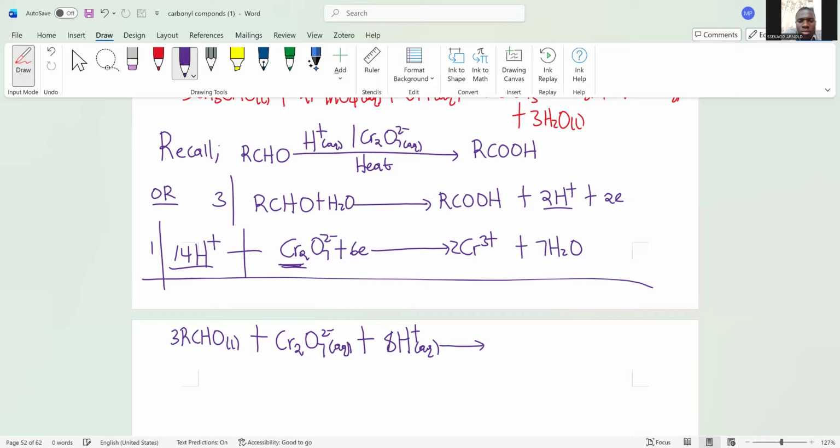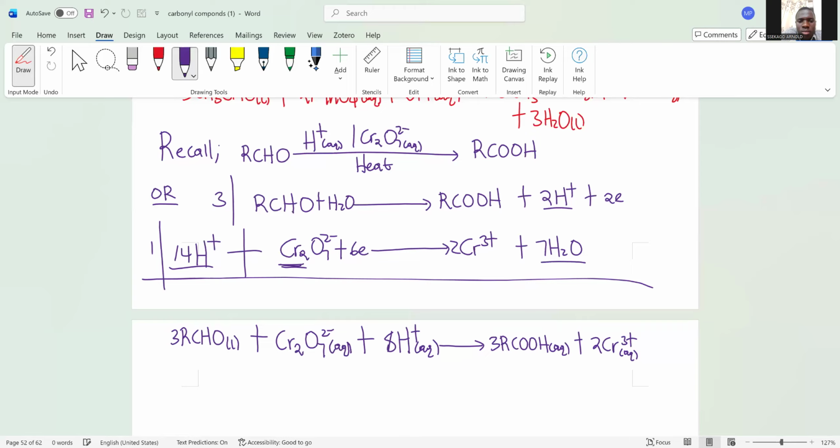Then giving us 3, and before water there are also 2 chromium 3 ions. Then look at water.